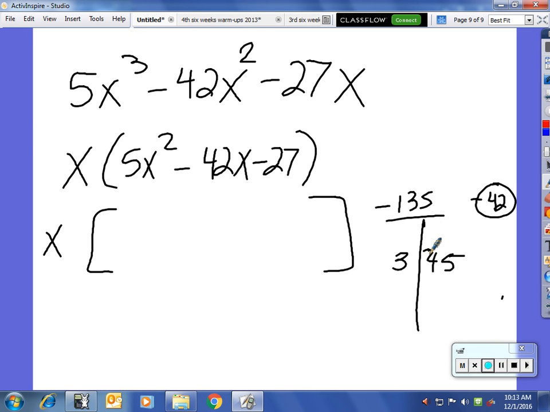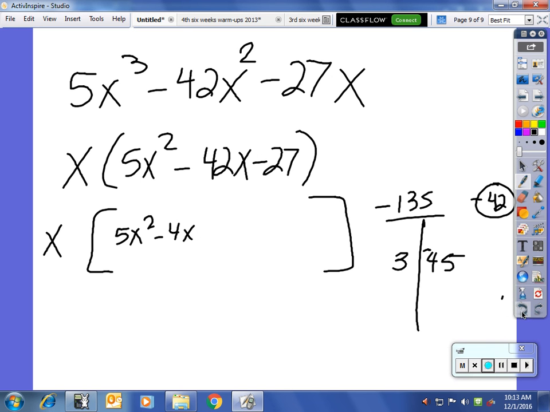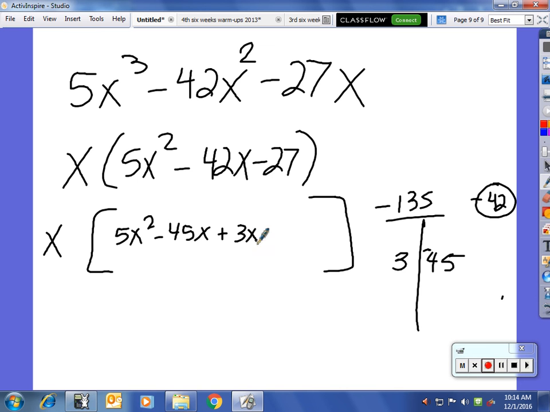Okay, so this is now going to be 5x squared minus 45x plus 3x minus 27. Now, in the first two, you want to take out a 5x, and you're left with x minus 9.